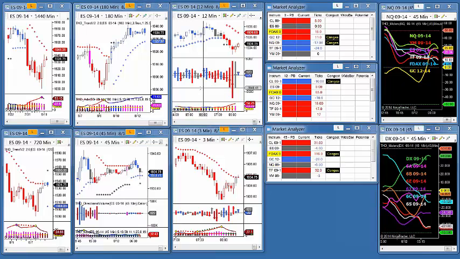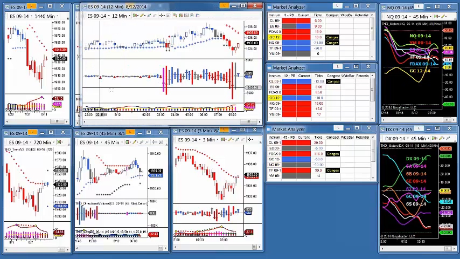Anytime I see a gray bar, I know that that is an inside bar. In other words, both the high and the low are encompassed within the previous bar. Anytime I see a magenta volume bar, I know that that is an outside bar, meaning that it exceeded both the high and the low of the previous bar.